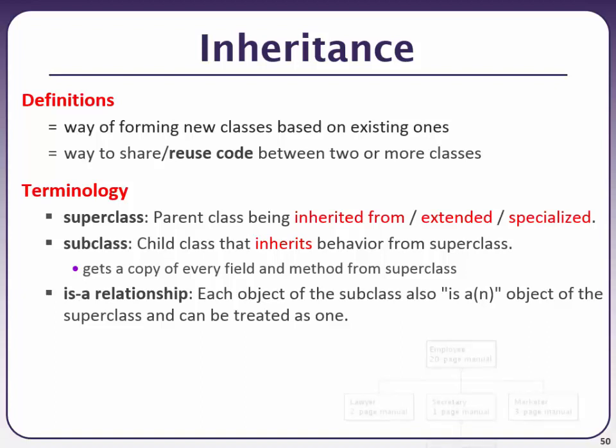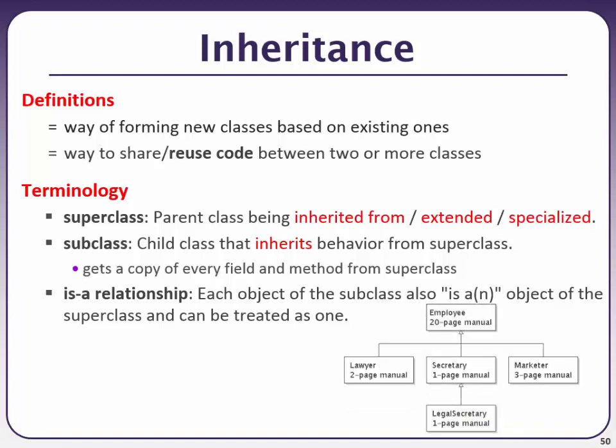So if we look at the kind of inheritance diagram that can result from this, we may have in our application an employee class, and then a subclass of the superclass employee that is a lawyer, a subclass of the superclass employee that is the secretary, and we represent that subclass-superclass inheritance relation with this arrow here, and a marketer that is a subclass of employee. And it doesn't stop there.